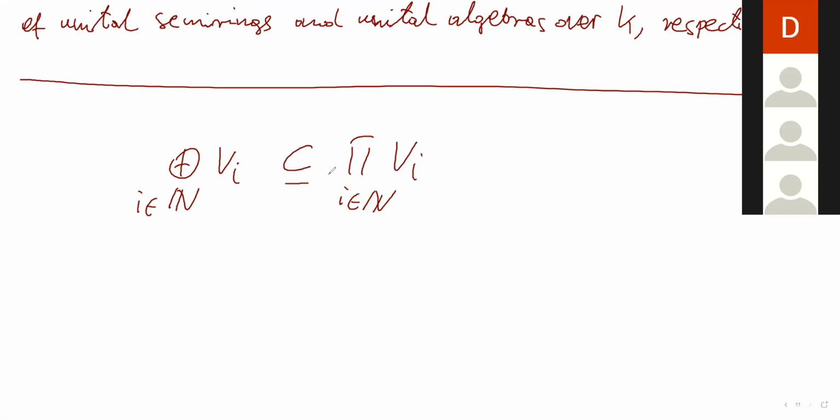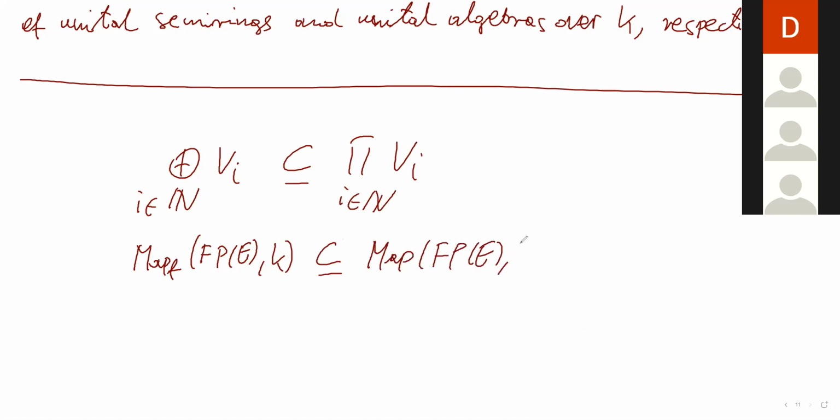So here we have finite sequences and arbitrary sequences. That's this map f, f in the path algebra sitting inside all maps into K. But I've never seen anybody considering such path algebras.